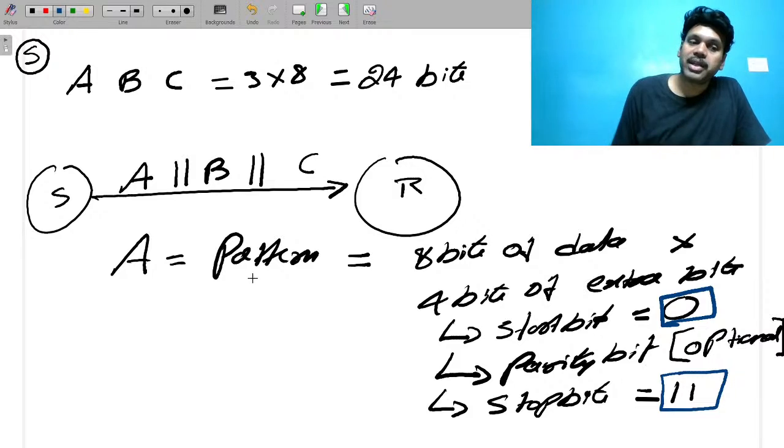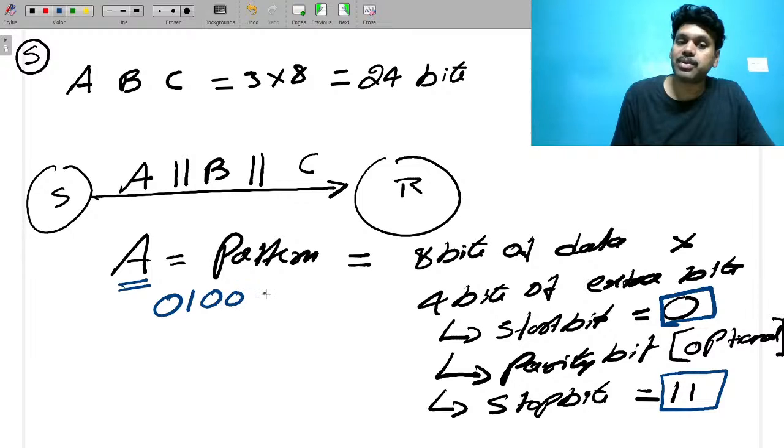So initially, before transmitting, your A is nothing but 01000001. You want to transmit this data onto your media. First you need to send a pattern. What is the pattern?